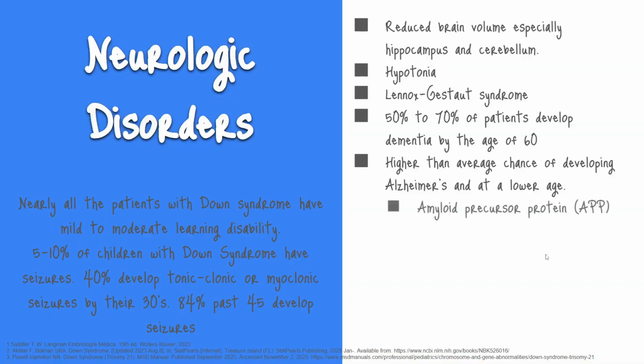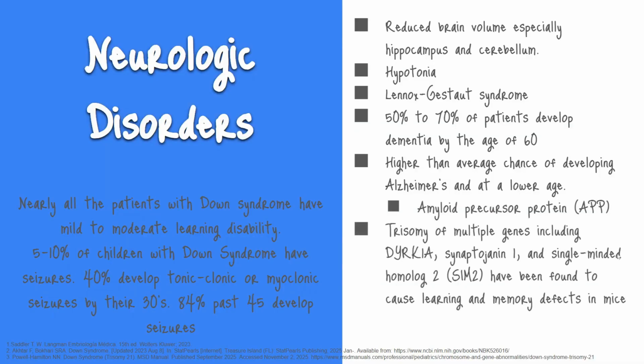Trisomy of multiple genes, including DYRK1A, synaptogenic 1, and single-minded homolog 2, SIM2, have been found to cause learning and memory defects in mice, which suggests the possibility that the overexpression of these genes may likely be causing the learning disability in people with Down syndrome.